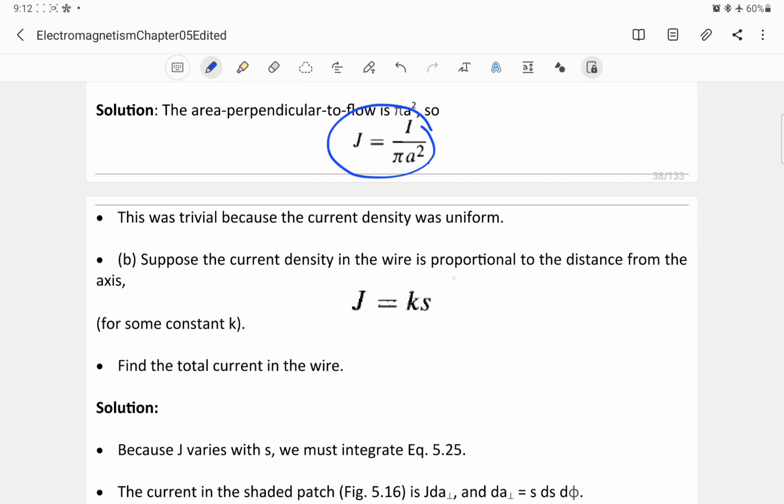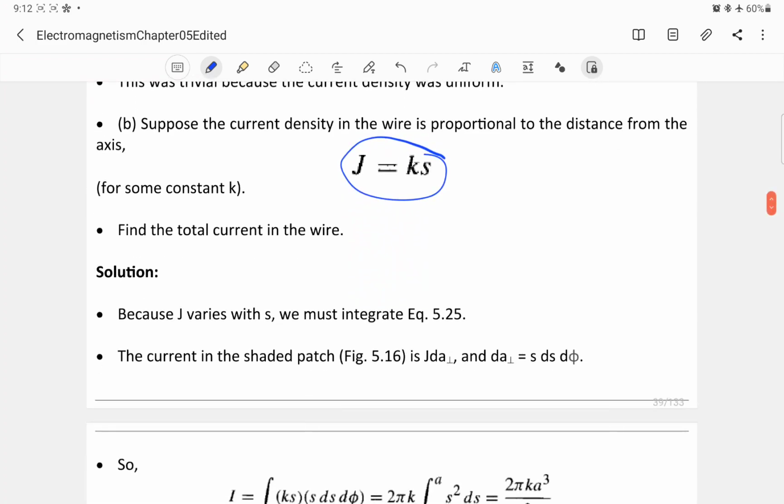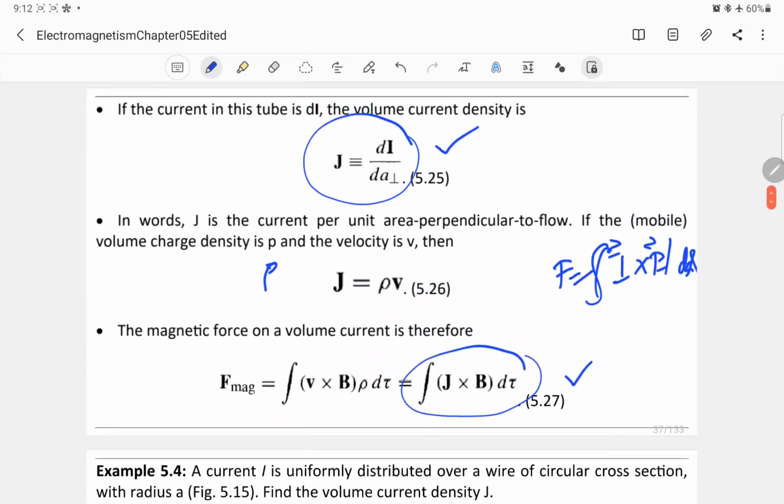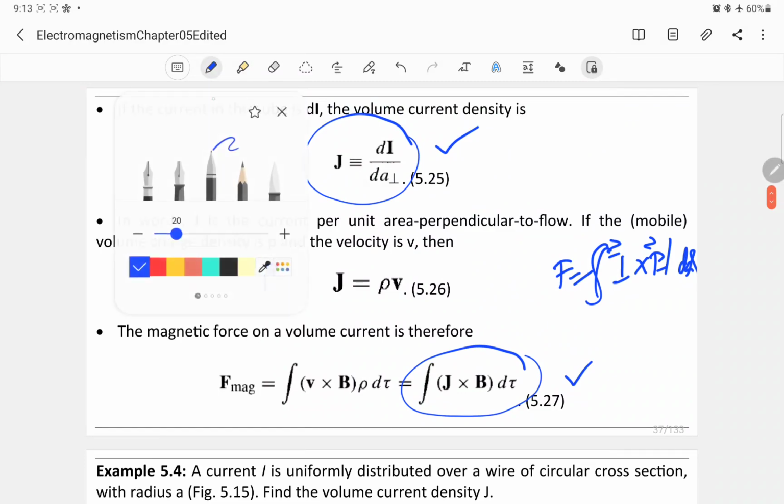So J would be given by that. Find the total current in the wire. Because J varies with s, we must integrate, which is this one.